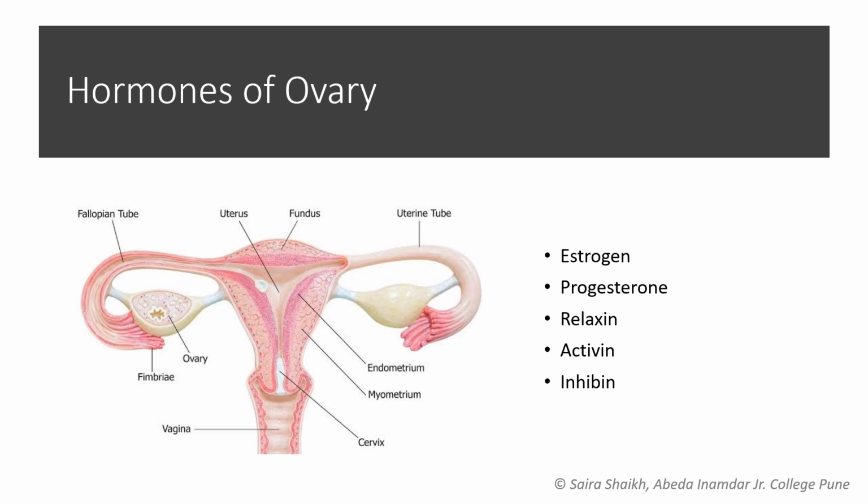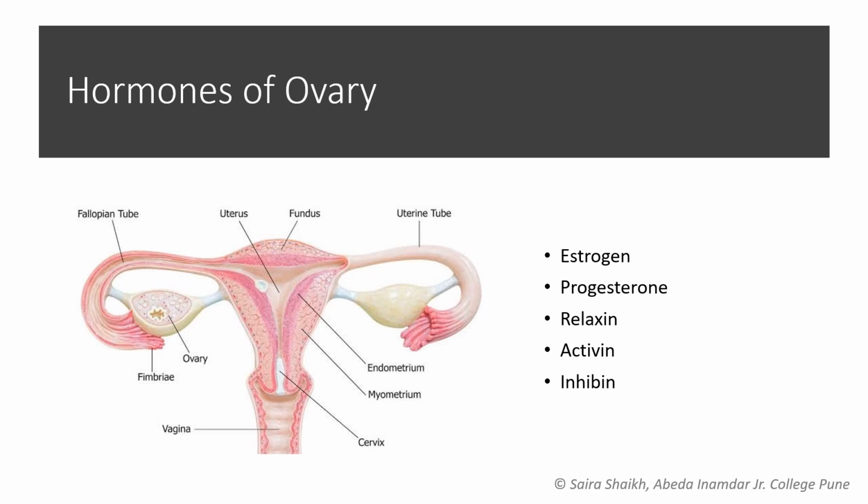The third hormone is relaxin. It plays an important role in the dilation of the cervix at the time of delivery of the child. The fourth one is activin. This hormone is responsible for increasing FSH binding, and it also enhances the effect of LH in the ovary, and is also responsible for androgen synthesis.